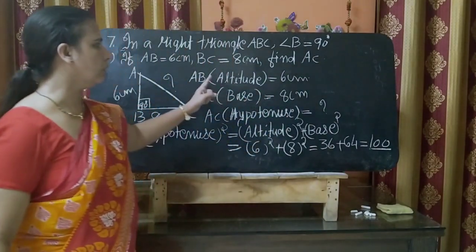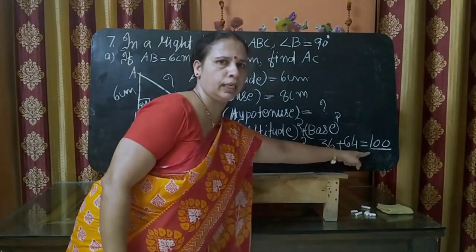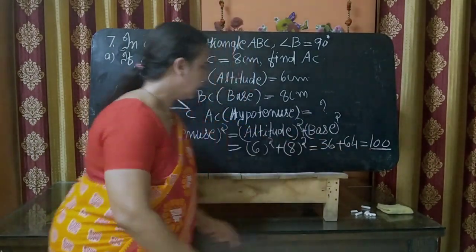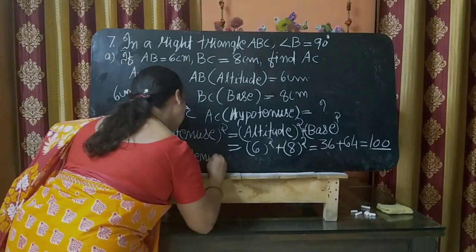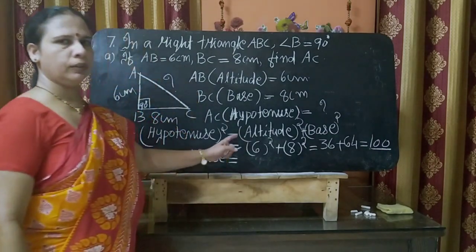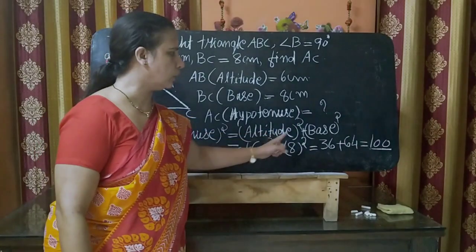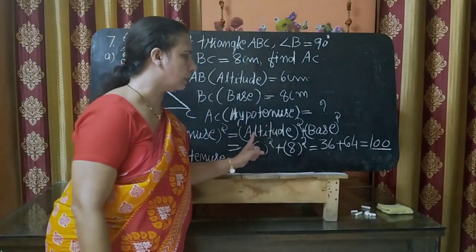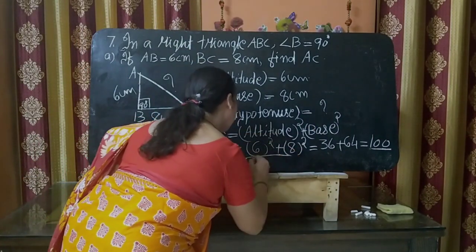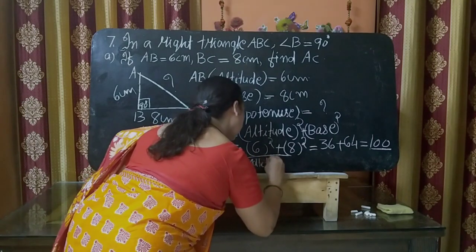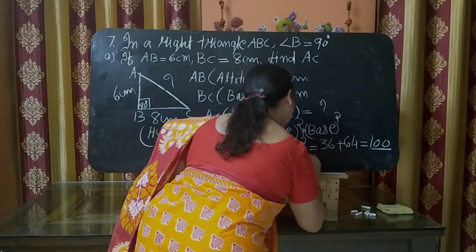Next we have to find out the hypotenuse only. Here we got hypotenuse square equals 100. Hypotenuse is the square root of altitude square plus base square.